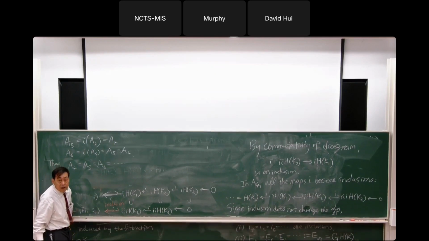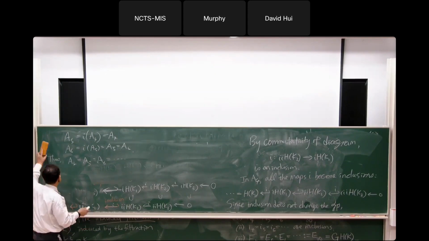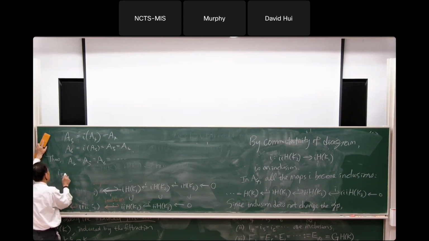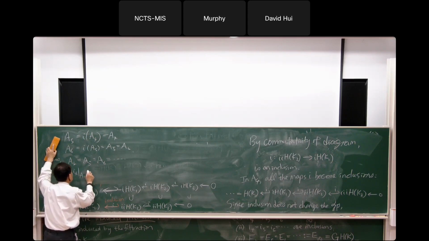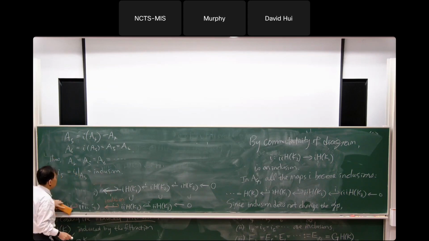And then all the I's, they're just restrictions of inclusions. So I5 is I4 restricted to A5, and that's an inclusion. So nothing changes.